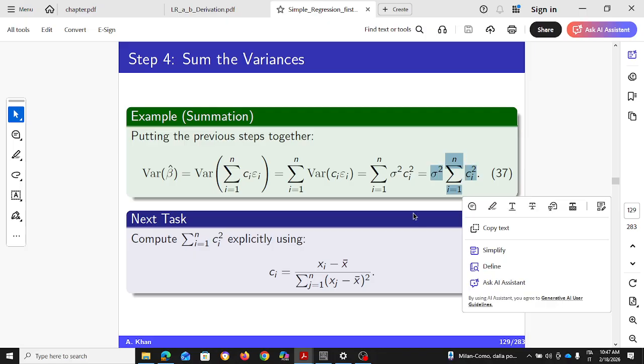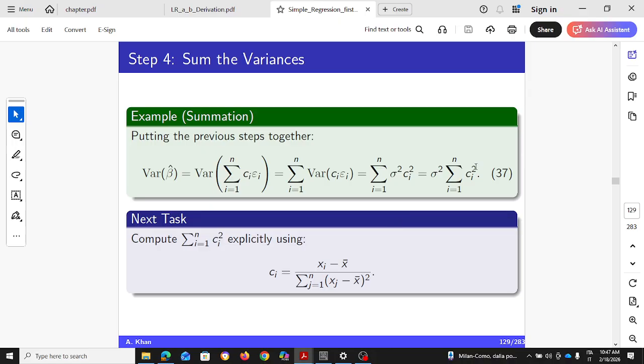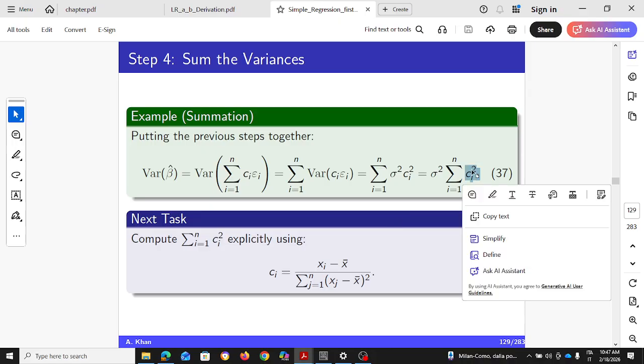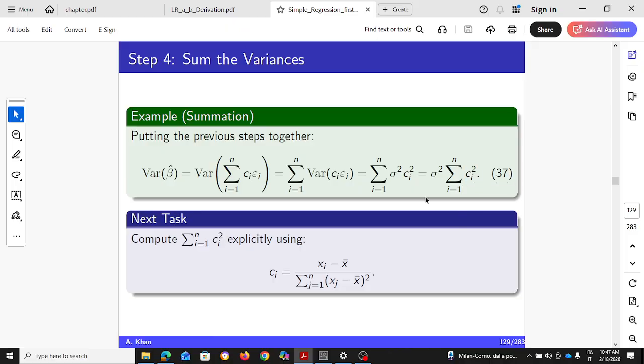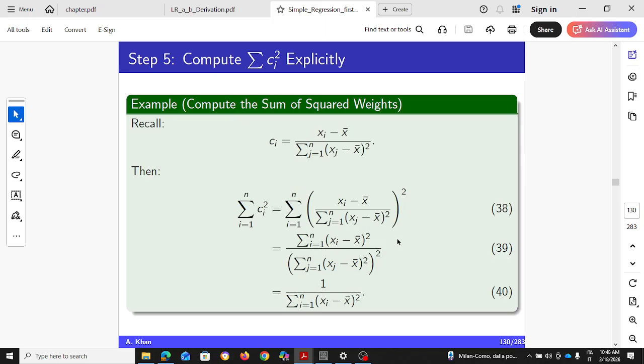Okay, now the next task is to know what the CI is, to explore it a bit. So before we assumed, we replace this term with CI. And inside the summation we have CI square, okay, so we have to take the square of this value now.